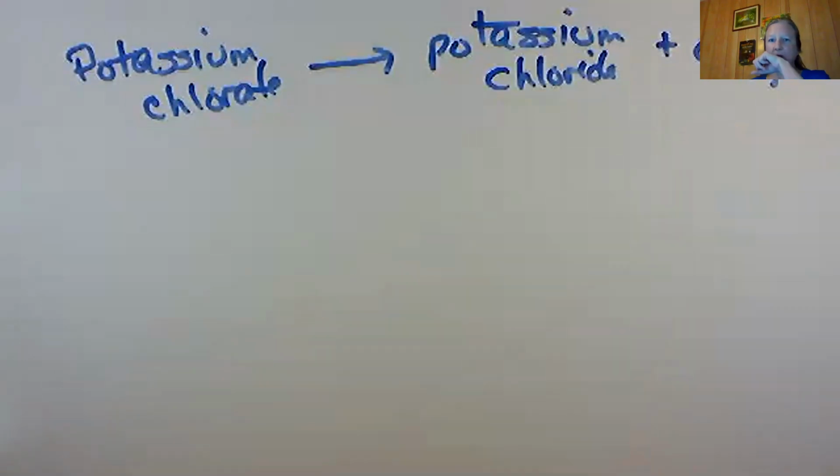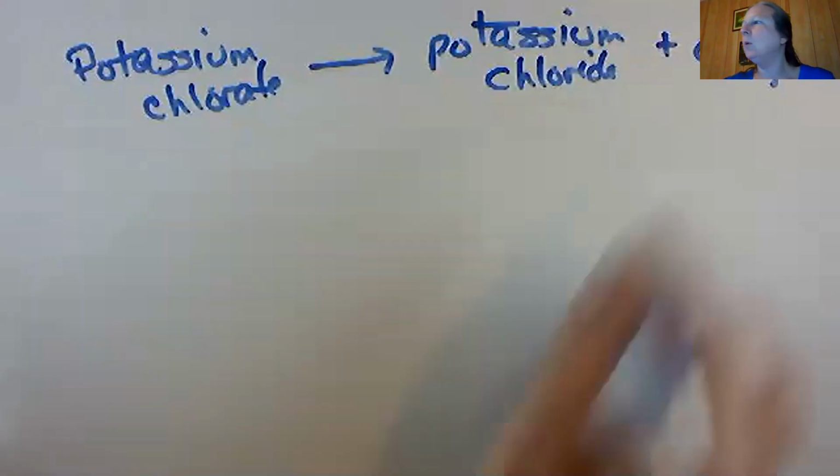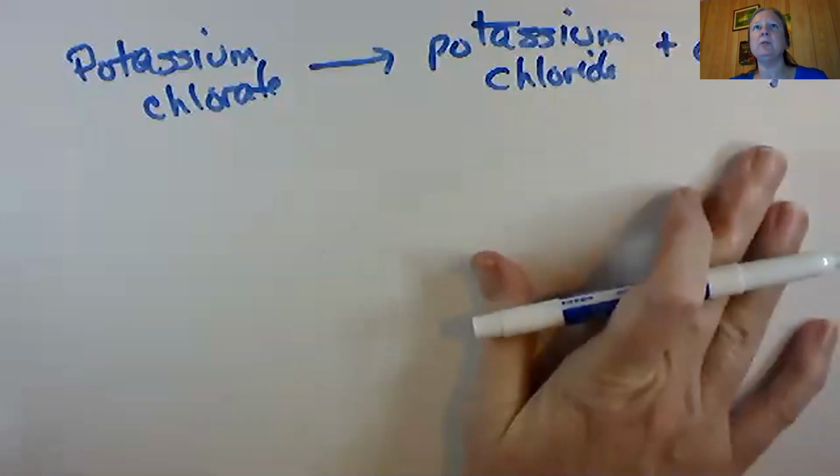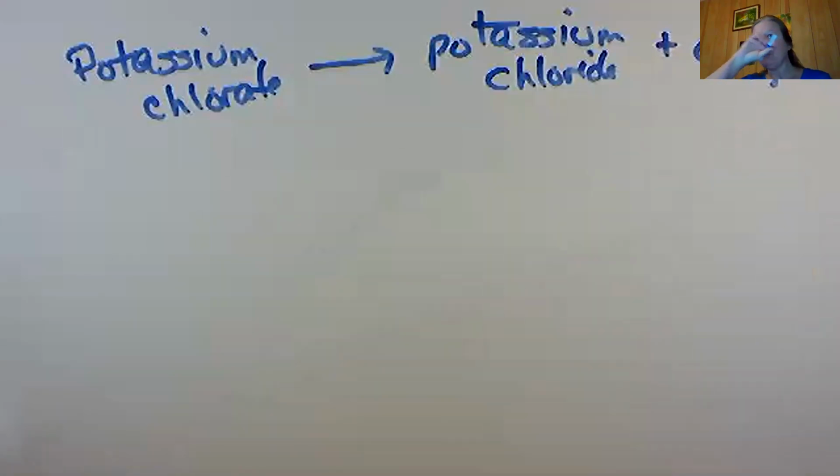You can go back and look at the slide. So first of all, you have to know what potassium chlorate is, what potassium chloride is. And oxygen is oxygen gas, and I should have said that. Anytime you see oxygen by itself in an equation, it's oxygen gas. You're not going to have a single oxygen atom there. It's too reactive.